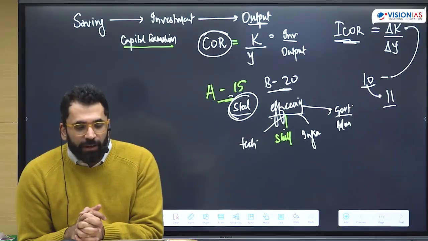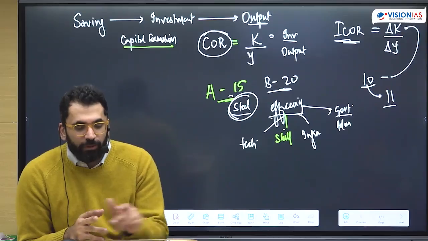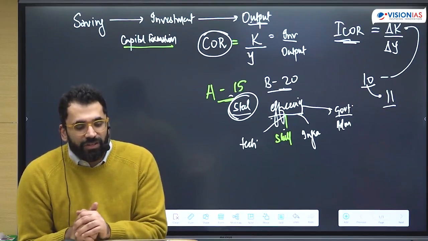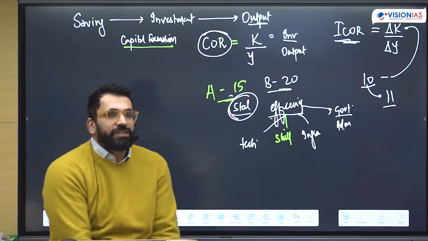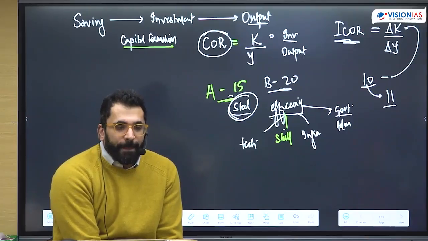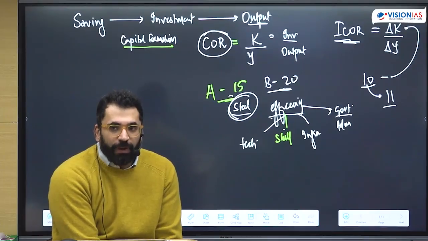Whereas incremental capital output ratio is the additional amount of capital required to increase output by 1 unit. Additional amount of capital required to increase output by 1 unit.